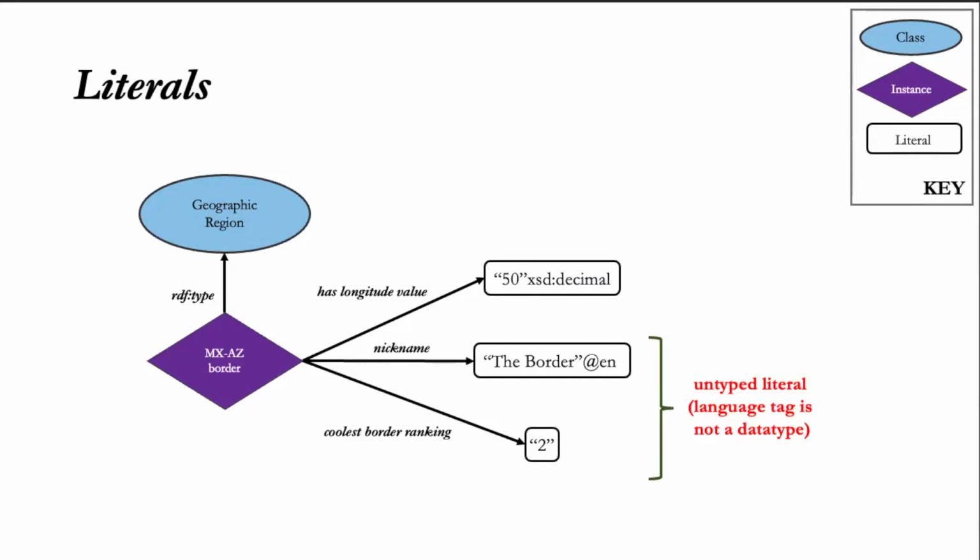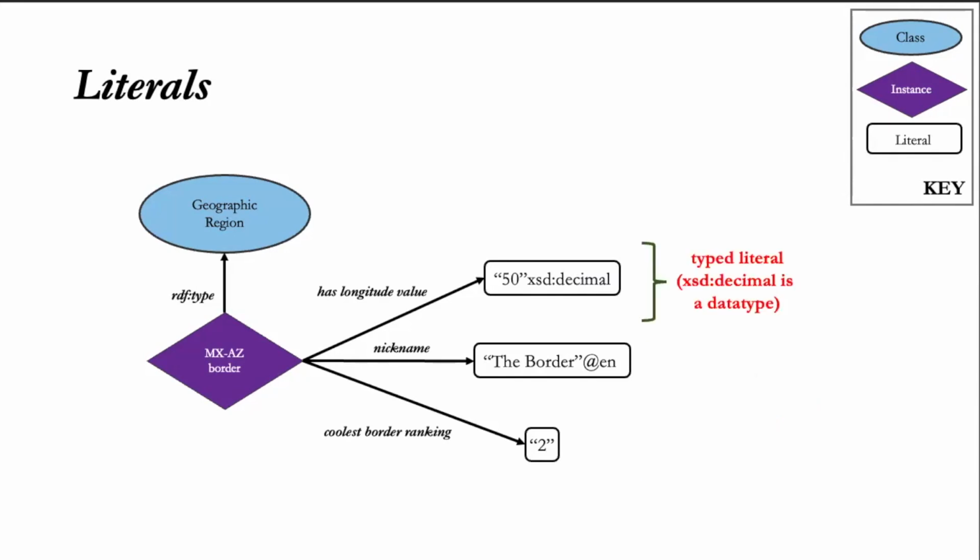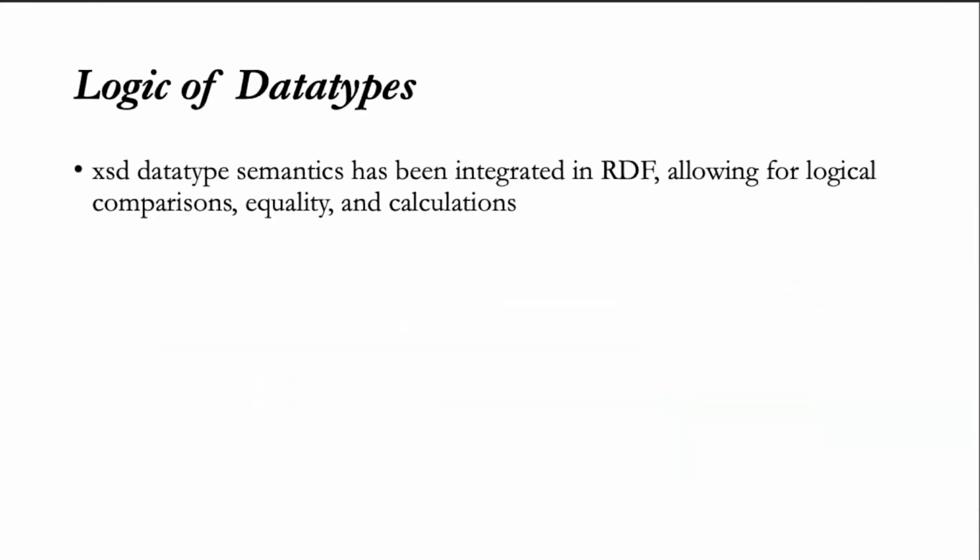It's an English language tag, which is not a data type, but it is a tag you can apply to strings. It's still untyped. Also, down here, you've got the number 2, as a string, not a data type. It will be interpreted differently if you put a data type like integer on it than it will be if you just put quote 2 quote. One of those has some logic associated with it. One of those has background checks, which I'll show you in a second.